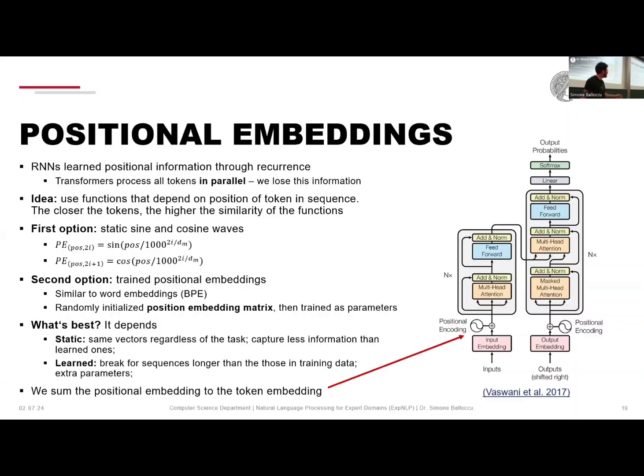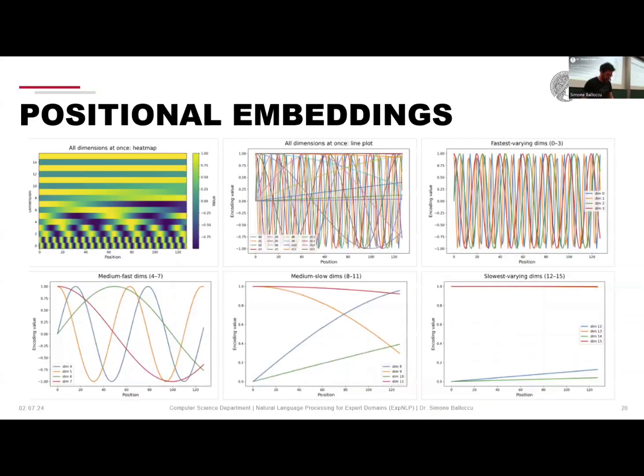How do we use this? We sum them to the input again. So you really see how we're constantly combining the input with the positional embedding, with the input of the multi-head attention, with the output of the multi-head attention, with the output of the feed-forward network, between all these transformations. And just to give you a fun visualization, this is a visualization of the positional embedding.